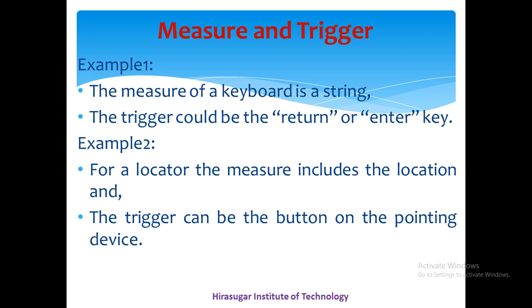Again, the mouse can be used during the press time or during the release time. By default, the mouse returns its input to the application program once you release that button, once you remove the finger from the pressed button. That is the trigger. I hope you understood this concept clearly.